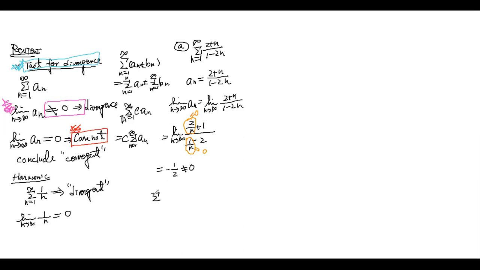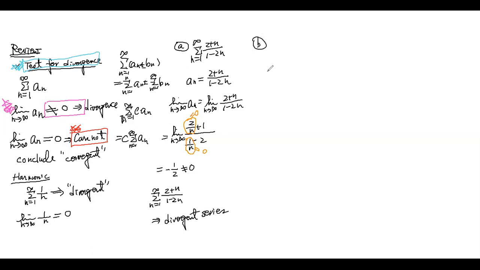So what happens to this series, the sum from n equals 1 to infinity of (2 plus n) over (1 minus 2n)? This is a divergent series, right? That's why I said the test for divergence is pretty easy.